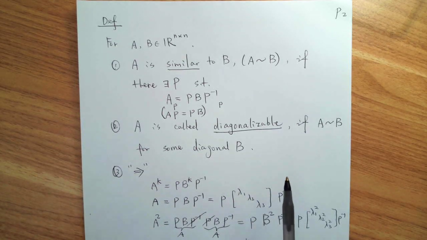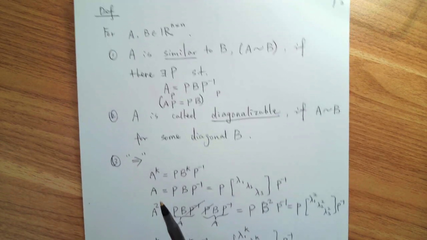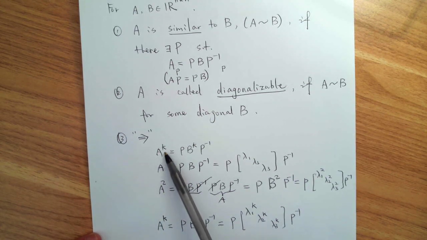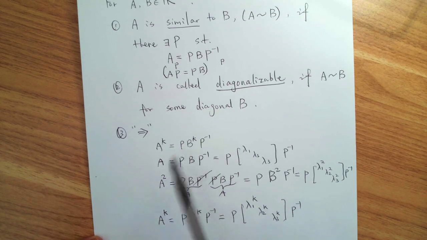So a diagonalizable matrix A is a good matrix. In what sense? Because if a matrix is diagonalizable, then the power of this matrix can be reduced to a simple calculation.